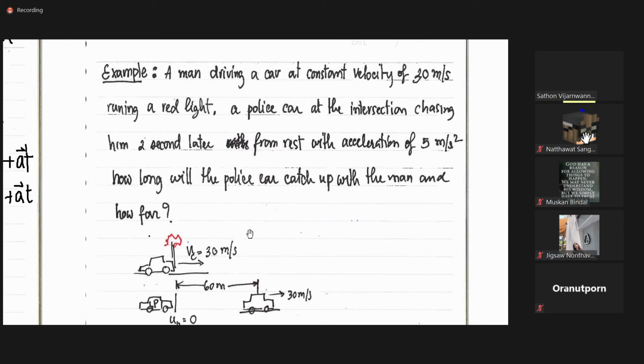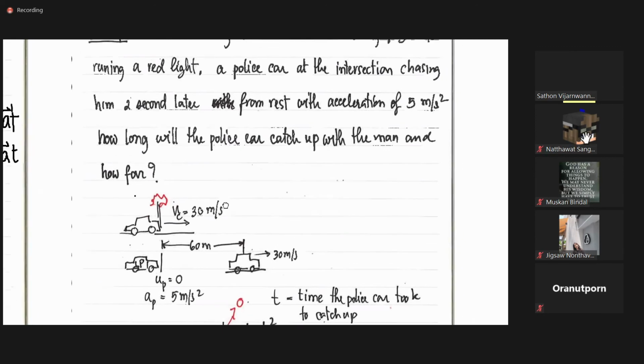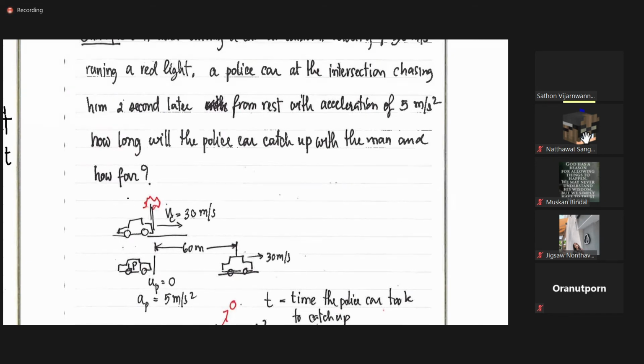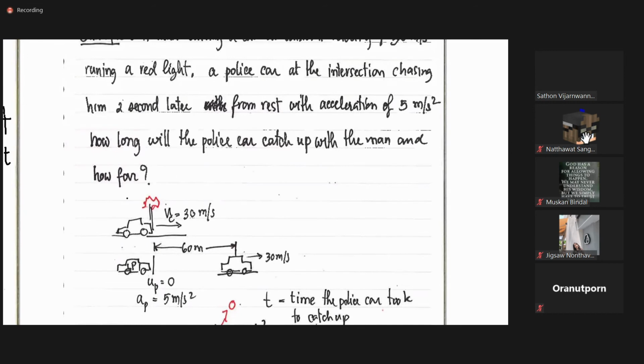So let's see a little bit of this in pictures. The man is driving his car at 30 meters per second, which is around 108 kilometers per hour. Every 10 meters per second equals 36 kilometers per hour.